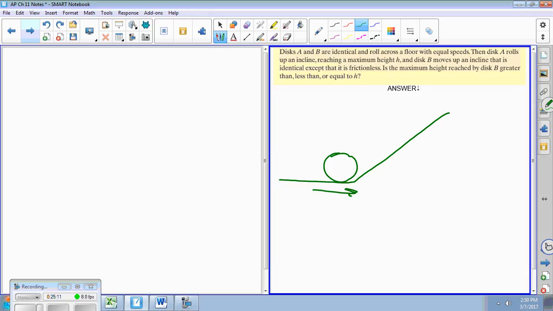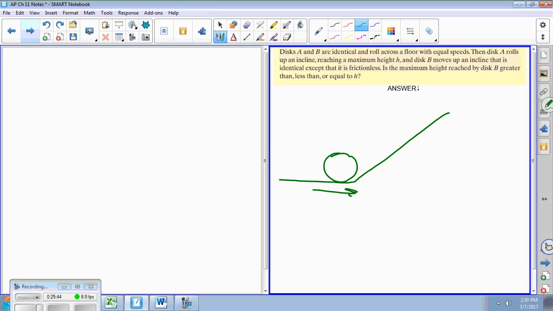One of the ramps is frictionless, so the ball will slide up the hill, sort of. And the other one will roll up the hill. That's the important thing, and that was why I said sort of. It'll slide up the hill while still rotating.